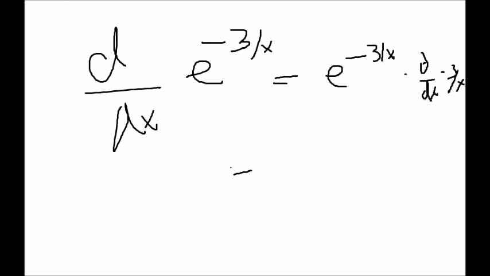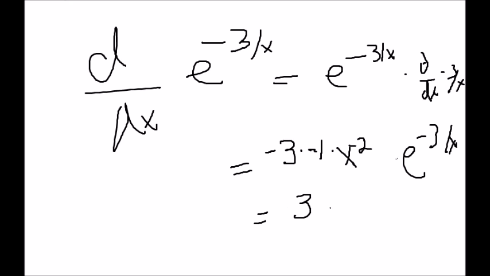And this will equal negative 3 times negative 1, now this is just stuff we learned before, times x to the negative 2 times e to the negative 3 over x.